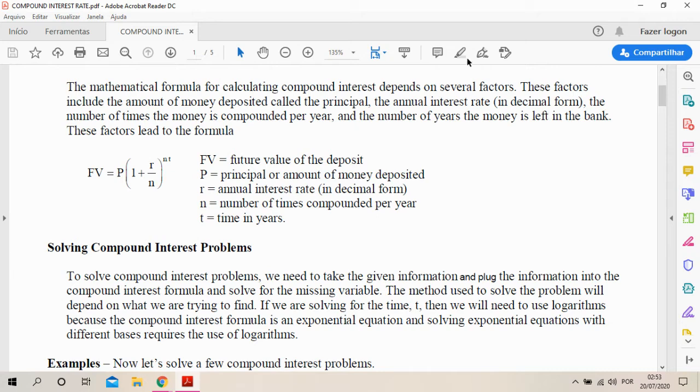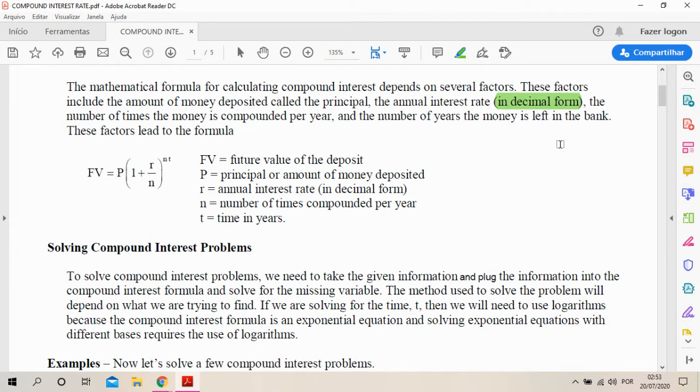Okay, this is very important because this is a source of doubt for people. In decimal form, okay? We are going to see how to use these numbers.